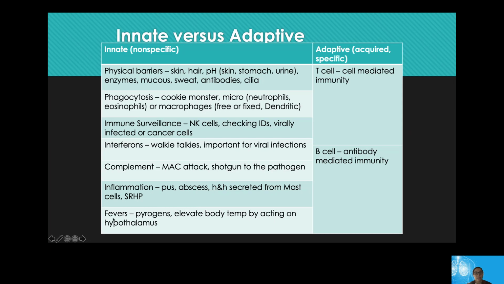Now, fever is the 7th and final step of innate immunity, and fevers are triggered with pyrogens. Pyrogens are chemicals that light a fire in the body, and this elevated body temperature is achieved when those pyrogens act on the hypothalamus. The function of a fever is useful because it increases the body's metabolism, and it can actually literally burn off different pathogens.